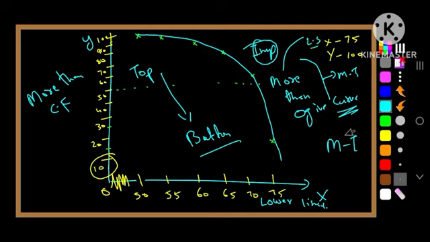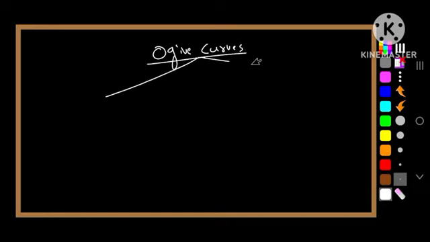Students, in this video we are going to discuss OG curves. Generally there are two types of OG curves. One is less than and the other is more than.